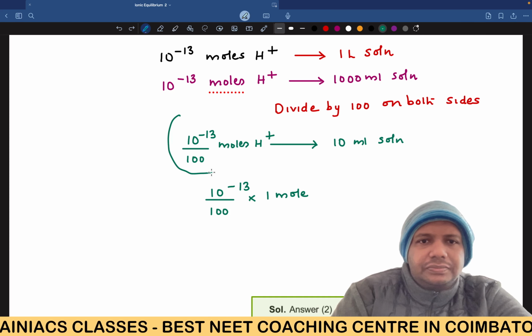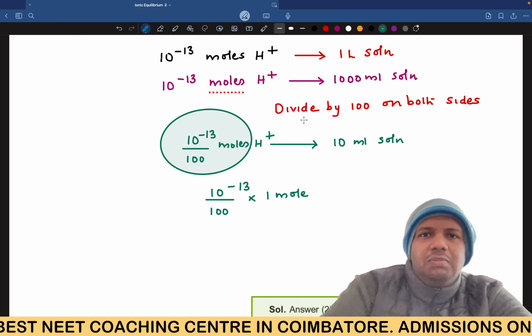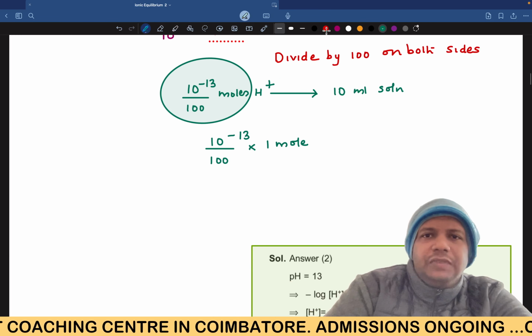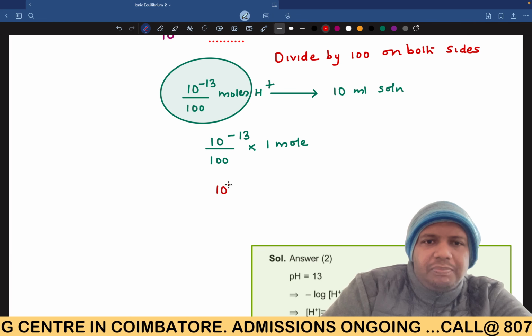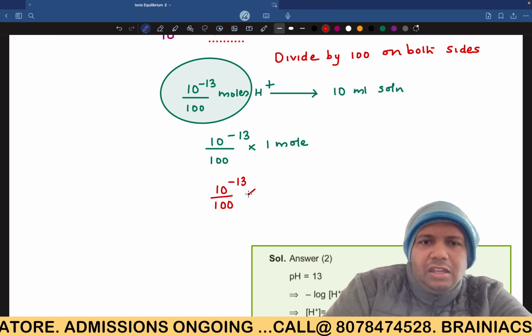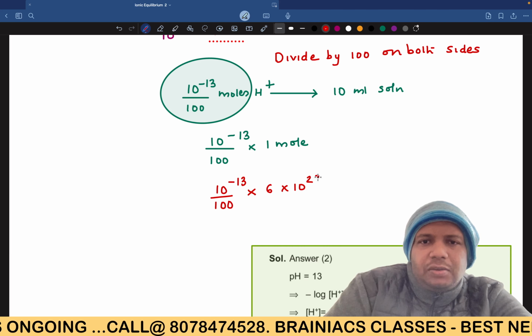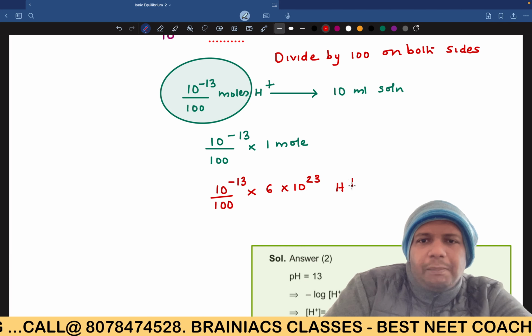Now I can further expand this 1 mole. What is 1 mole actually? 1 mole means how many? So 10 power minus 13 divided by 100 into 1 mole is nothing but 6 into 10 power 23. So I can say the number of H plus ions.